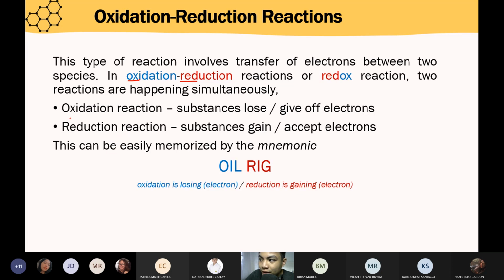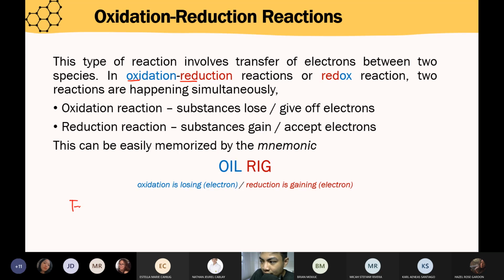Ano ba nangyayari when our substance undergoes oxidation reaction? It loses electrons. And kapag reduction, it gains electrons. So, ibig sabihin, when we have a redox reaction, ang common example dito is yung rusting of iron, di ba?